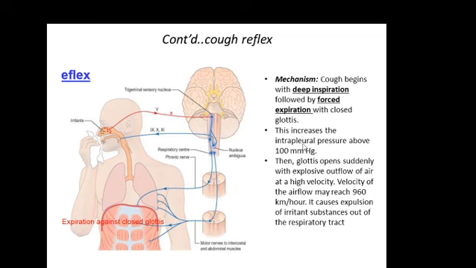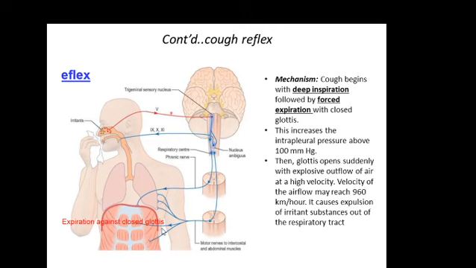Then the glottis opens suddenly with explosive outflow of air at high velocity, and the velocity of the airflow may reach about 960 kilometers per hour. It causes expulsion of irritant substance out of the respiratory tract. That's what we want. So what is a cough? A cough is expiration against a closed glottis.